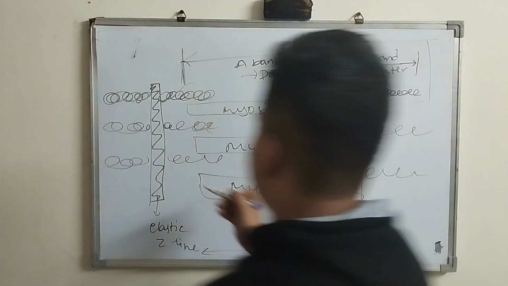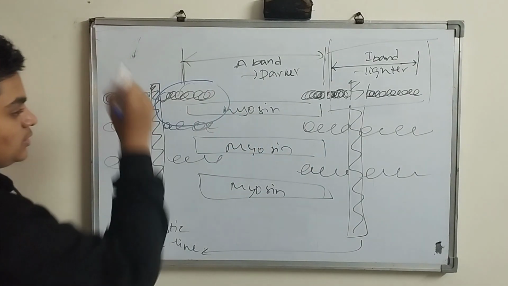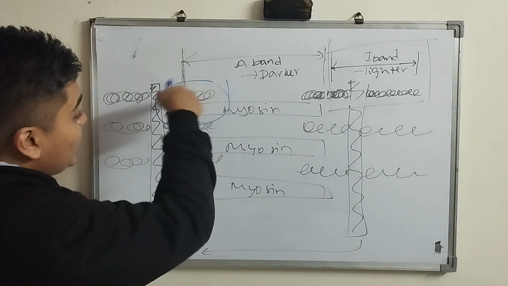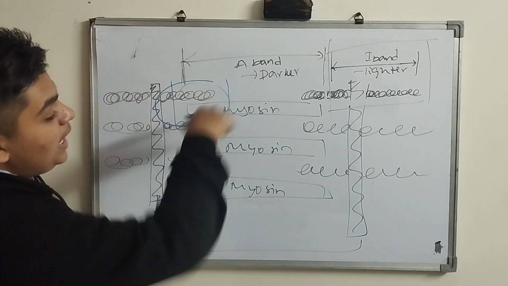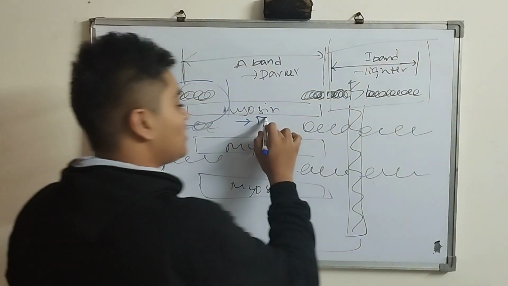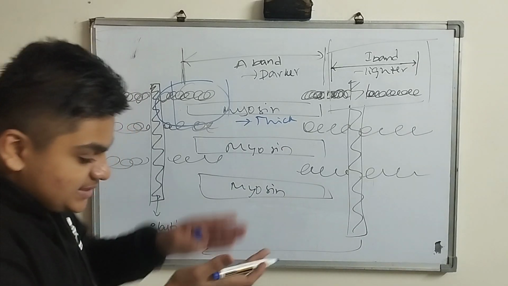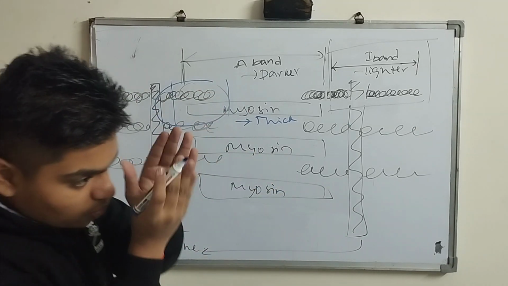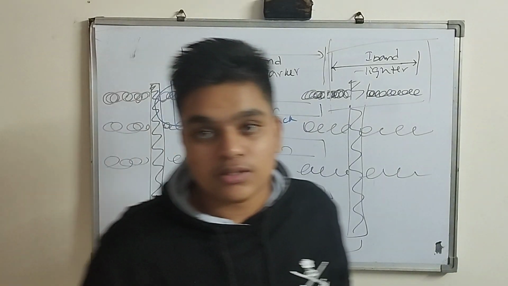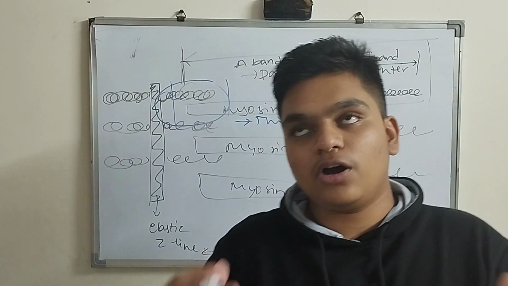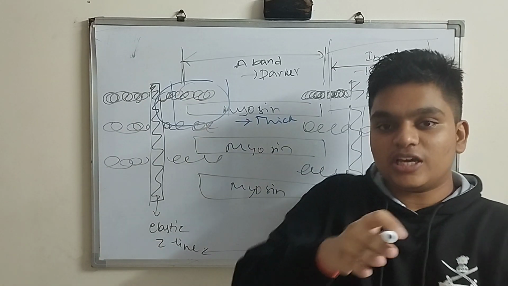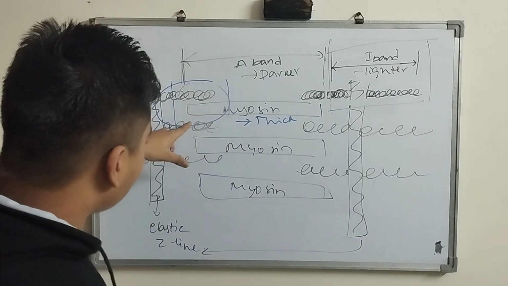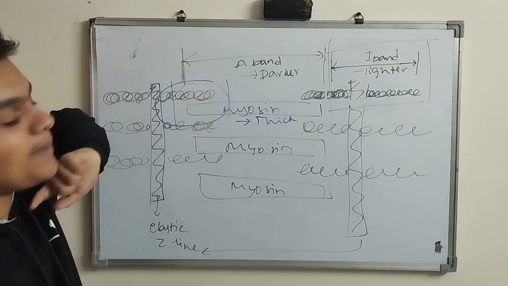See, there is overlapping of actin filament and myosin filament, which makes this area much darker, and this is the myosin filament, which is the thick filament. Thick always appears darker. So that is one reason myosin appears dark, and also you find overlappings in the A band.